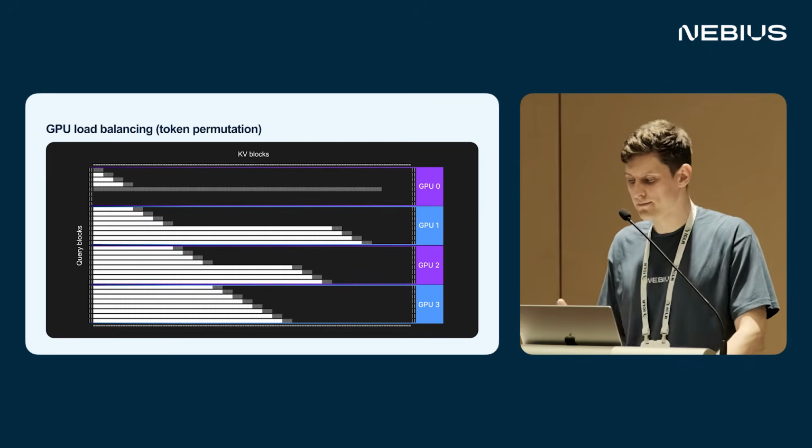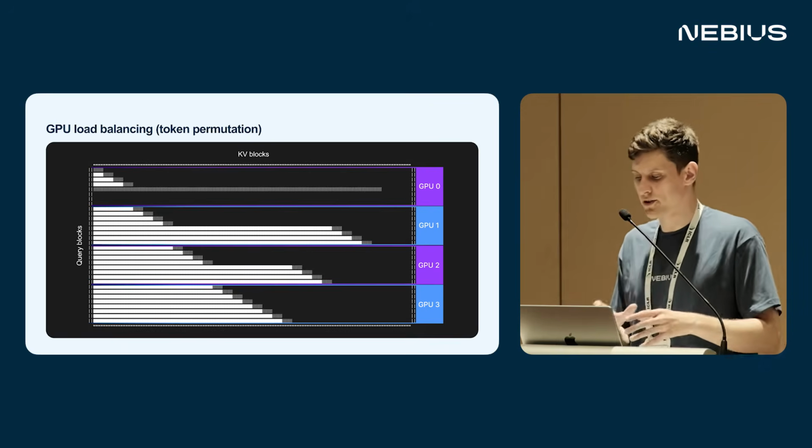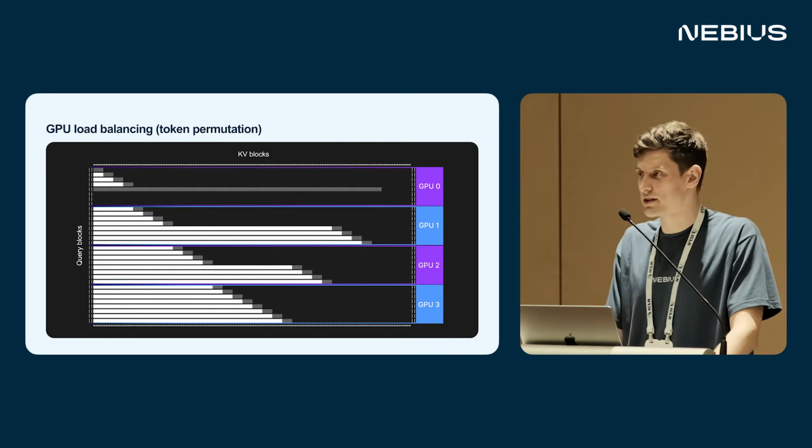This permutation balances the computational workload much more evenly across all GPUs. This leads to faster attention computation overall.